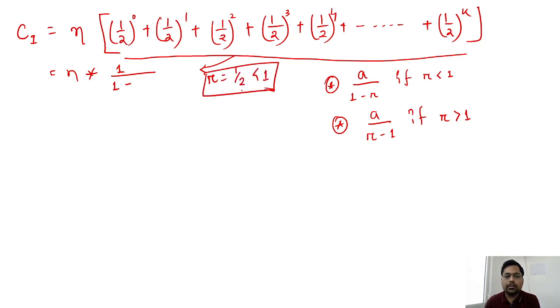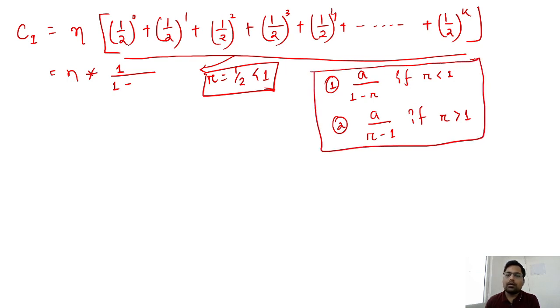So what do we have to apply? This is the first formula, this is the second formula, so we are applying the first formula. This is our formula, which I am writing as a note. So here we are applying this 1 by 2.